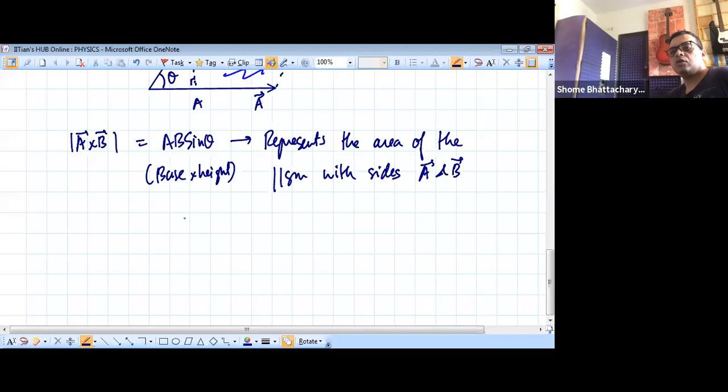Or you can also think of it as 2 times the triangle formed by vectors A and B.